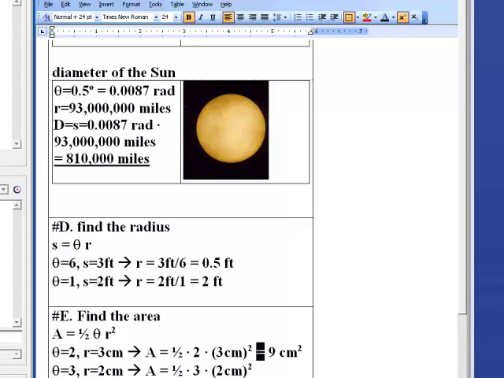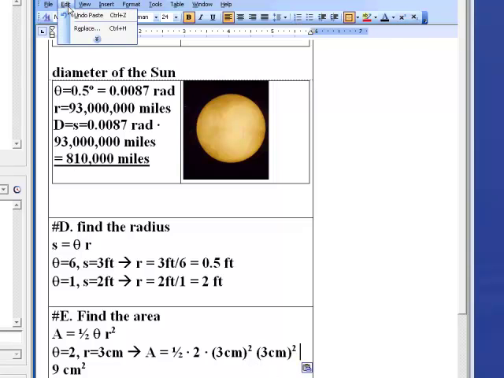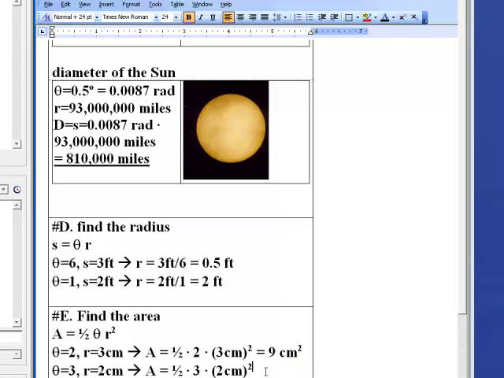And let's see, that comes out to, oops, that comes out to 6, when you plug in the numbers, 6 square centimeters. So relatively straightforward.